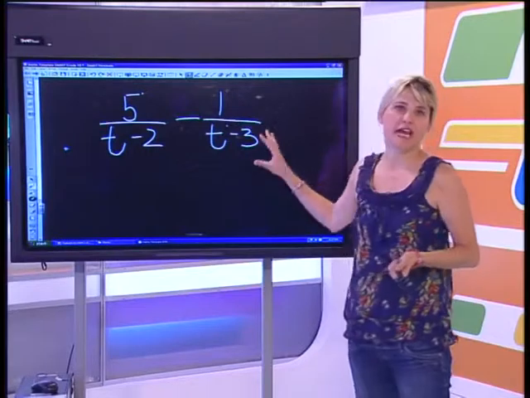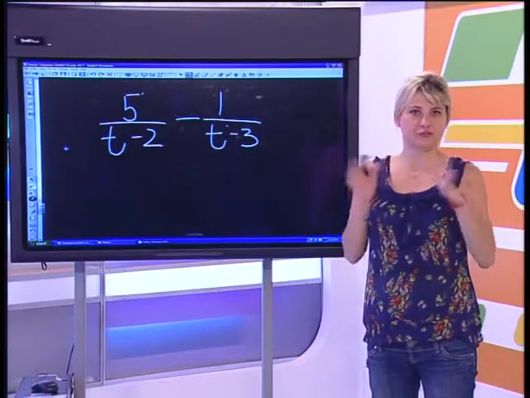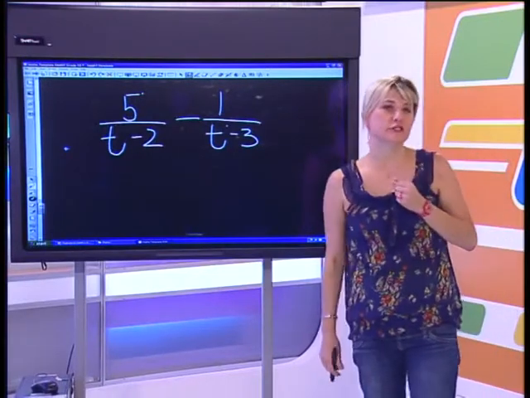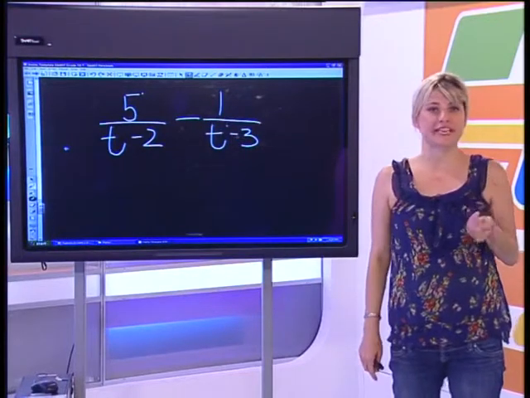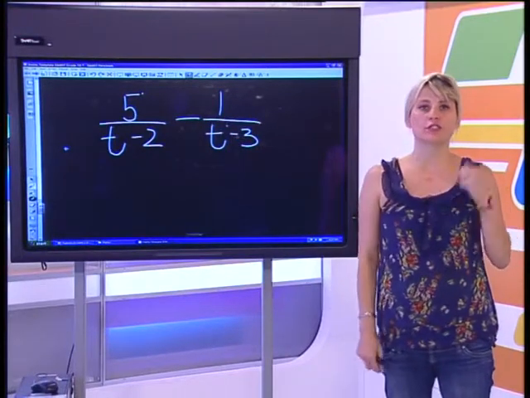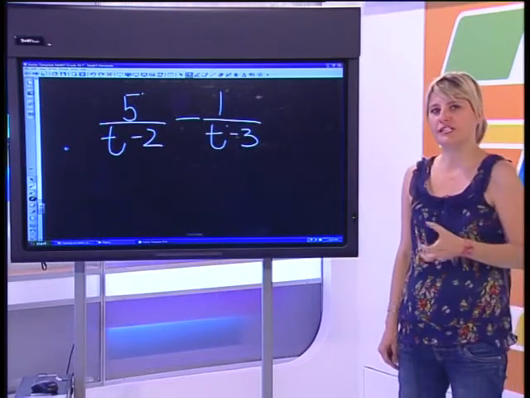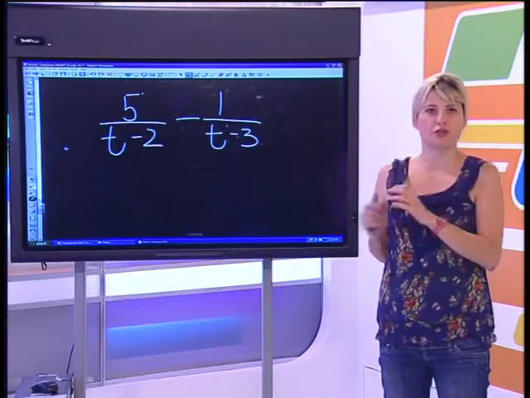In this question, I think you guys will agree that I can't factorize that. It's already as simple as it's going to be. Now the next thing that we need to remember, if there are plus or minus signs in between our terms, is that we need to get a lowest common denominator. So a lowest common denominator would be the smallest number that both of the terms go into.